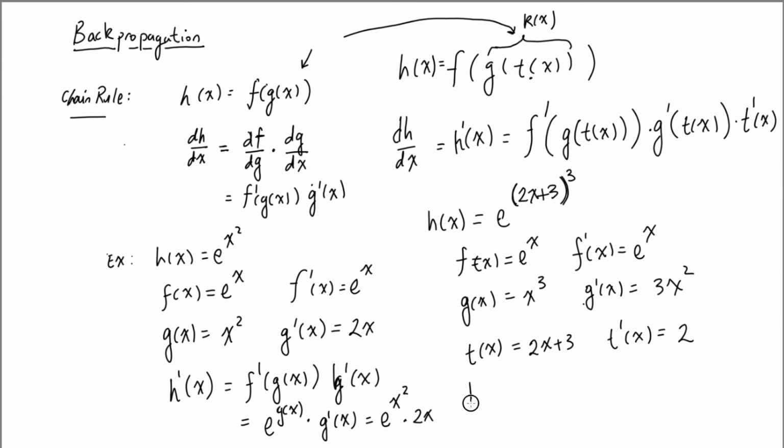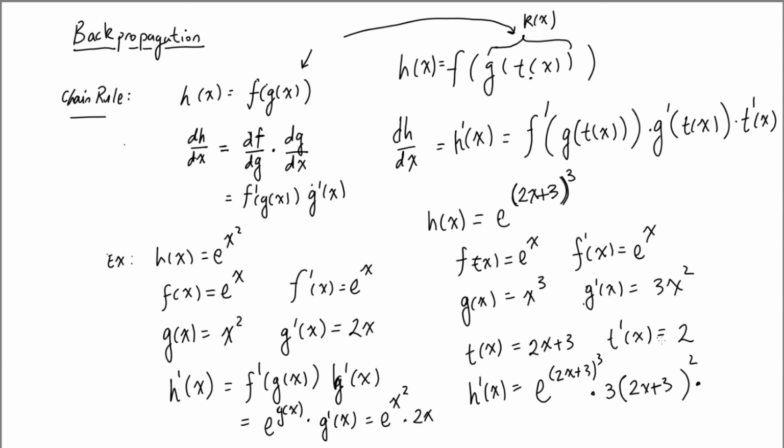So the derivative h prime of x using our chain rule is going to be f prime, so e to the power of the entire g of t of x, which is (2x plus 3) cubed, multiplied by g prime of t of x. g prime is 3x squared, so evaluated at t of x, it's going to be 3 times something squared, and inside here goes t of x, which is 2x plus 3.